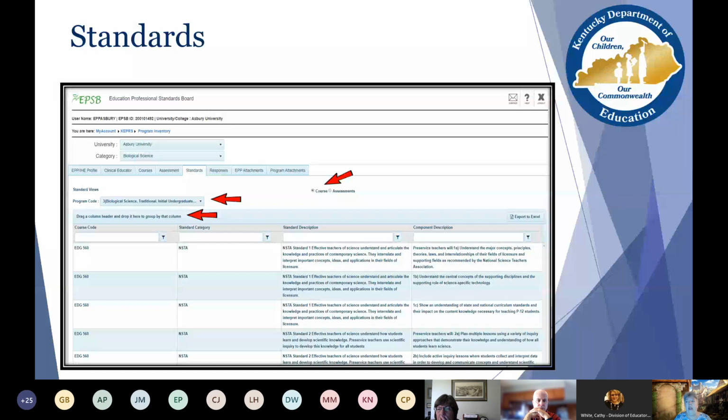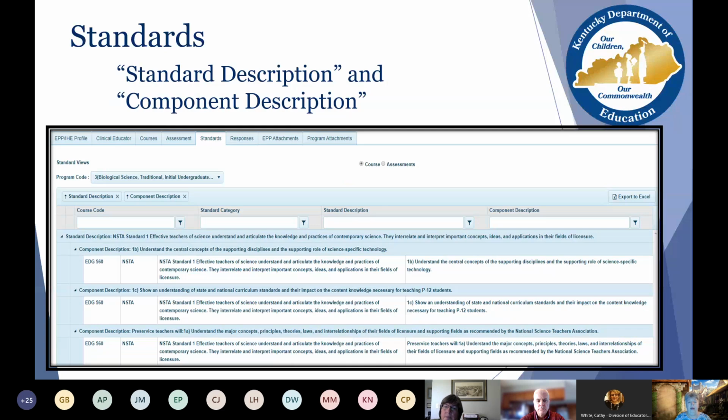This table that you see can be sorted and filtered in a variety of ways. If you're not comfortable using the sort and filter features on the table, you can export to Excel in the majority of these different tabs.